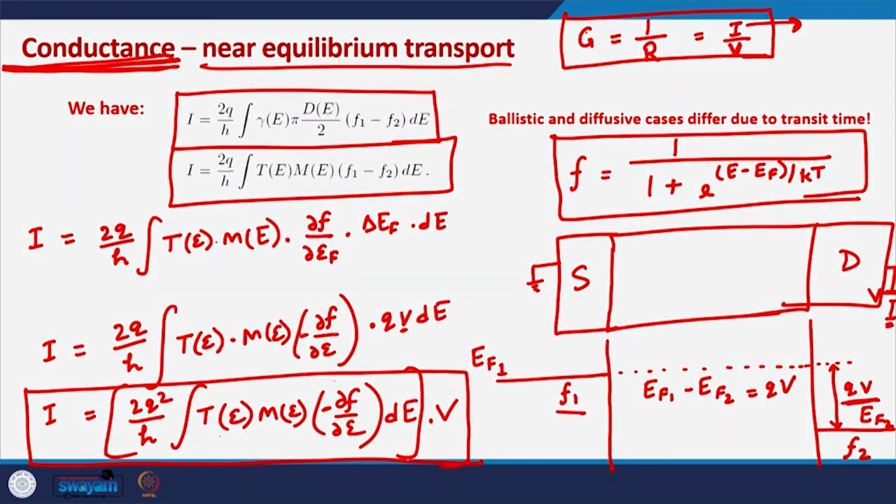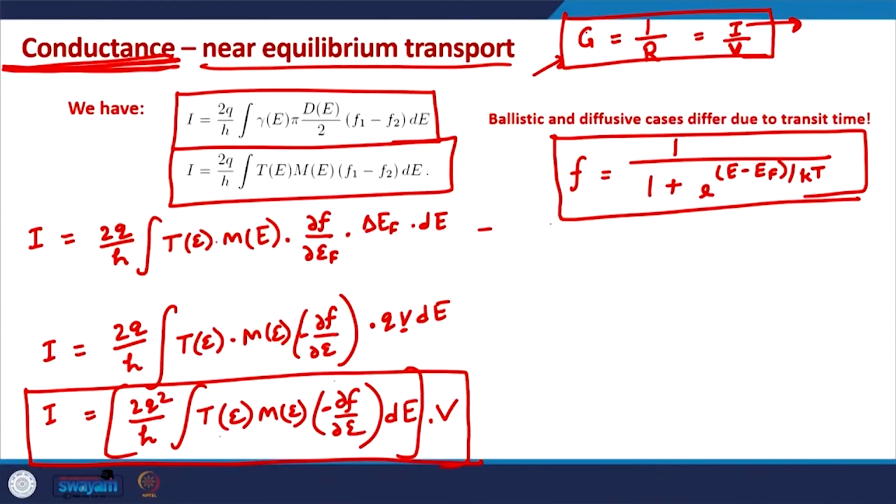And please remember that this is true when we assume near equilibrium transport, because only in that case we can approximate F1 minus F2 by just the first order terms in the Taylor series expansion. Okay. So, that brings us to the expression for the conductance.